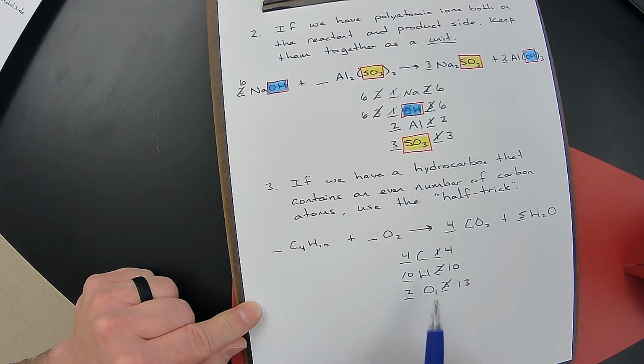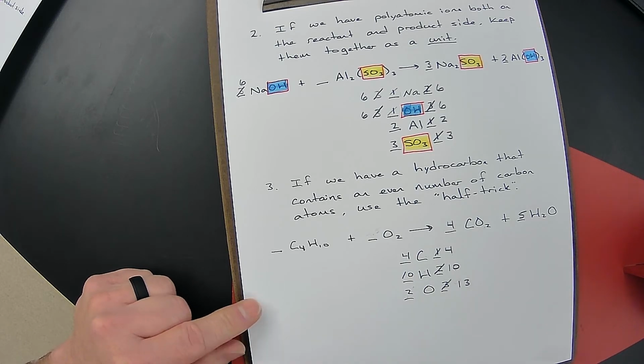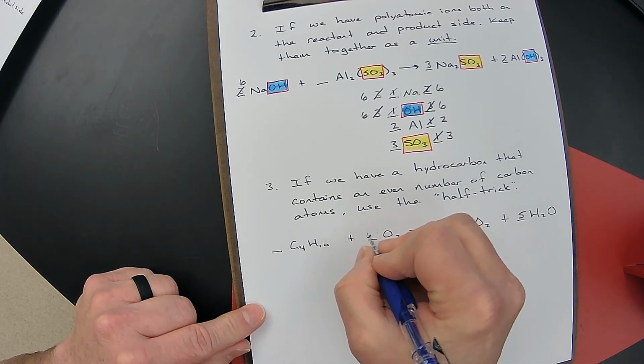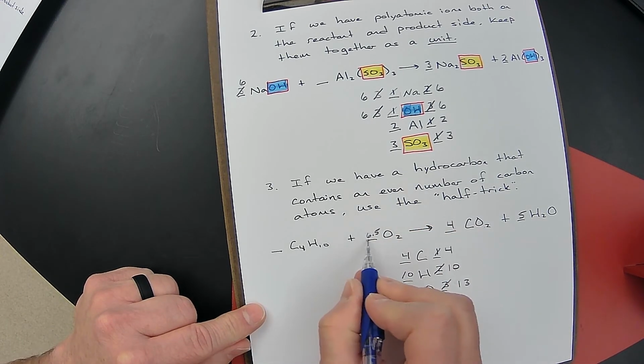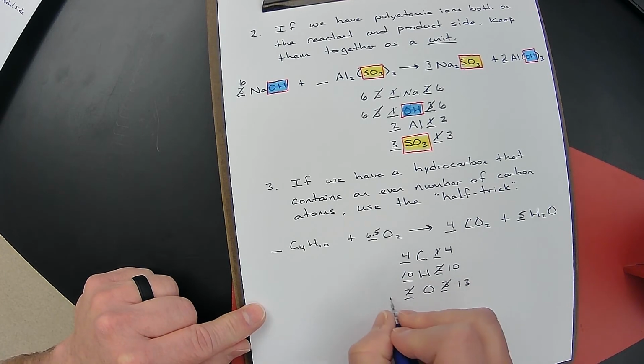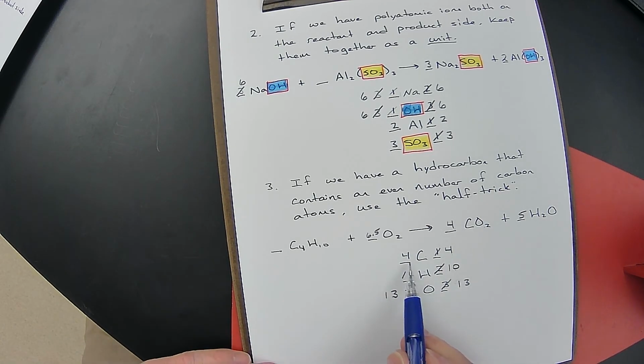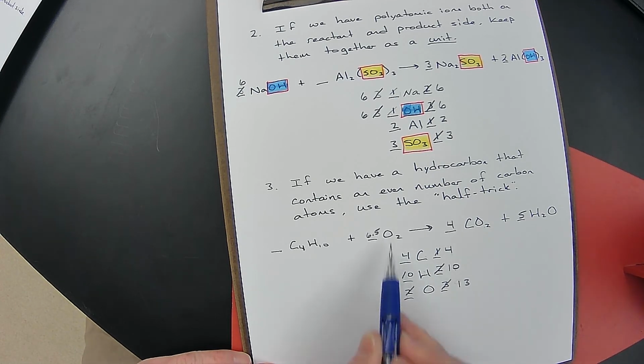So now I can use a half trick. Well, what's the half trick? Well, half of 13 is 6.5. So I temporarily put 6.5 in there because now the 2 becomes a 13 and everything is balanced. I had fixed everything previously. I put the half in there on the 2 and everything is balanced.